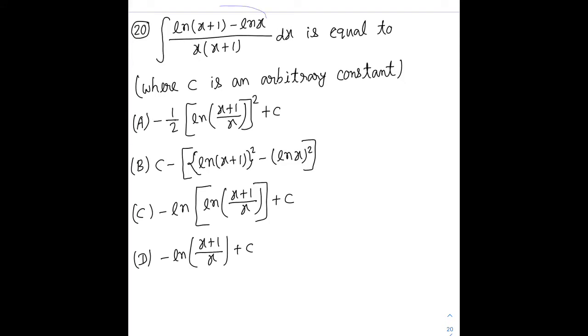So we have to do the integration of log of x plus 1 minus log x in the numerator, and in the denominator we have x into x plus 1. Okay guys. For such questions, usually we do it by substitution. Before making any substitution, we can simplify the numerator.